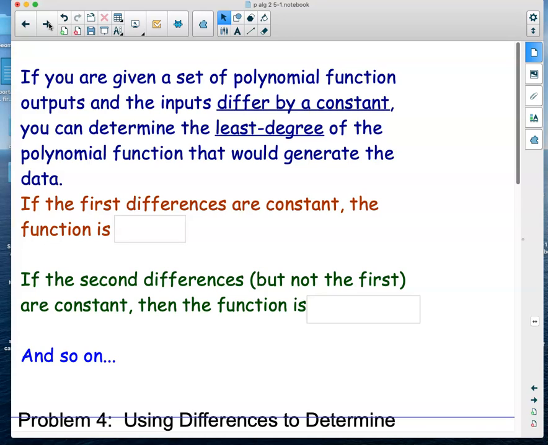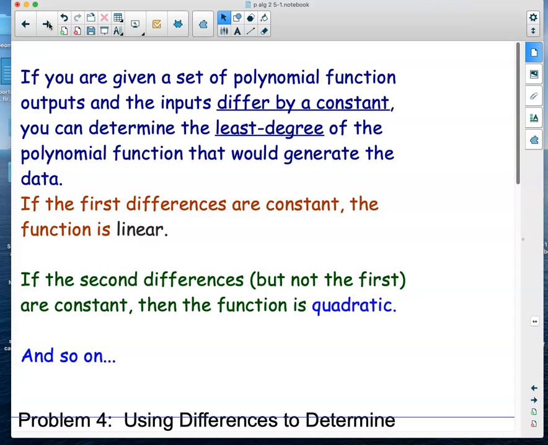If the first differences are constant, then the function is linear. So we're going to do a bunch of subtraction. And if when we do that subtraction, we see exactly the same number right away, then it's a first degree polynomial, which is linear. If the first ones don't match, but the second ones do, then it's a quadratic.